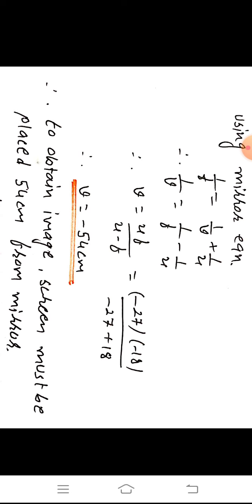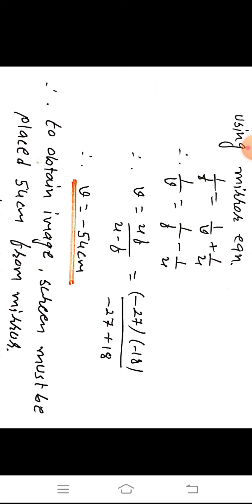Here the negative sign indicates the image is on the same side as the object, and we can say the image is obtained 54 centimeter from the mirror. That's why the screen must be placed 54 centimeter from the mirror. Here the negative sign also indicates that the image is inverted.